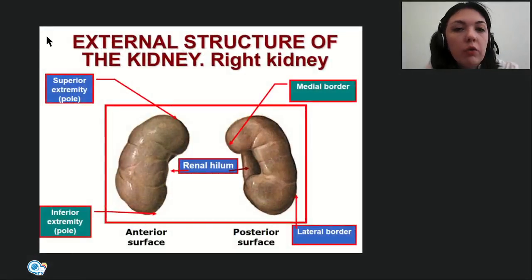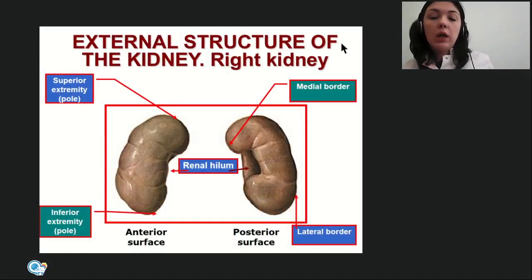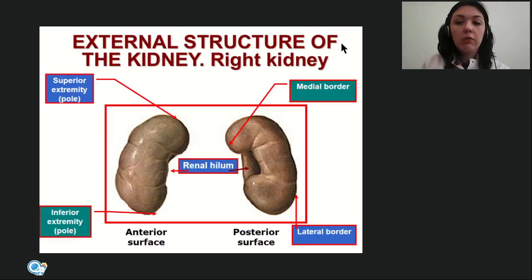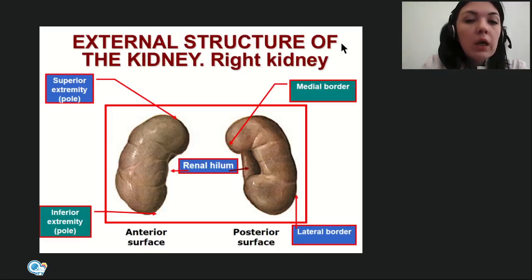Okay, so about external structure. External structure is very simple, and as it is a paired organ, at your practical classes you will have to distinguish if this kidney is right or left. Two surfaces are distinguished in the kidney: anterior surface that is convex and posterior surface that is flattened. There are two margins: medial margin or medial border that is concave and has the renal hilum, and lateral border that is just convex.